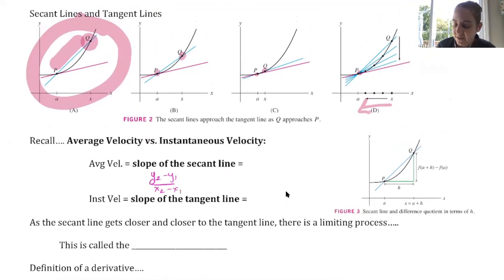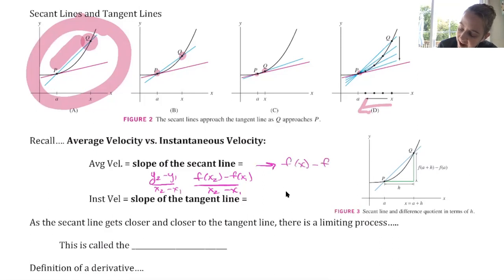But if I introduce function notation in there, maybe it looks more like f of x2 minus f of x1 over x2 minus x1. Same thing, just changing the notation. But what we're going to do here is talk about a point A and a point X. So it will be f of x minus f of A over x minus A. That's the slope of the secant line.